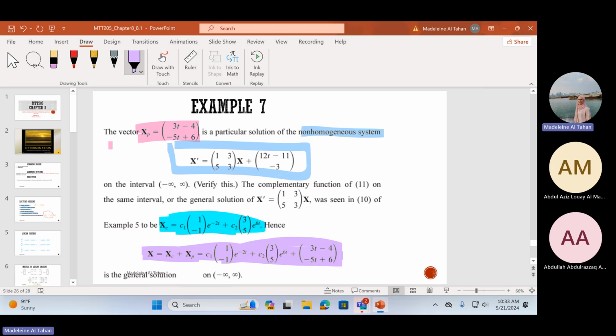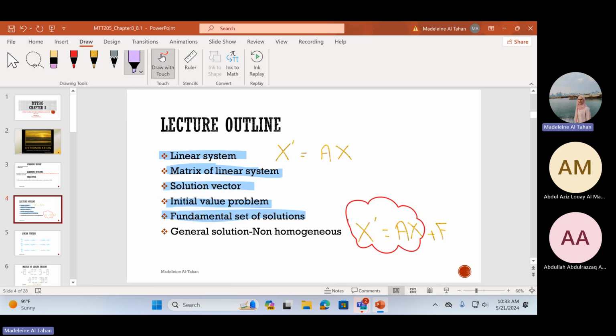Any questions? Okay, let's go back to our outline. If you try to prove it. Ahmed, done with the proof report? Okay, so we introduced linear systems of the form x prime equals Ax plus F. If F equals 0, we get a homogeneous system. If F is not 0, we get a non-homogeneous system. And of course, when we write it in this way, it means that it's a matrix form of a linear system.